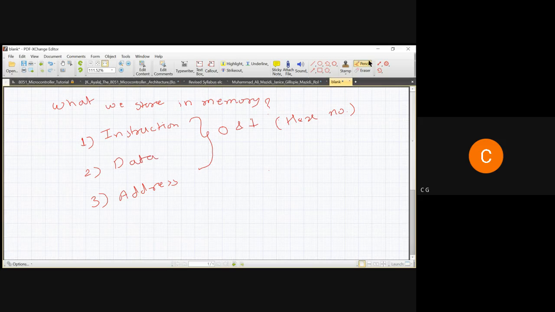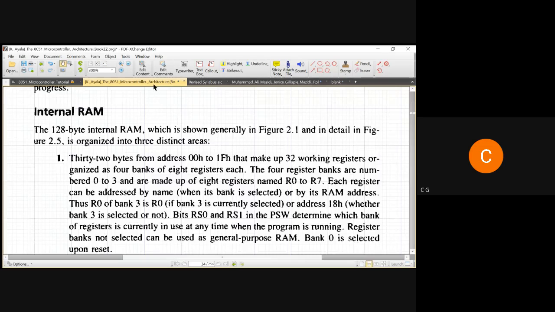Architecture has two parts: software architecture and hardware architecture. With the software architecture, you will have CISC and RISC. Instruction set is software, so reduced instruction set and complex instruction set. When you go with the hardware, then von Neumann and Harvard architecture.